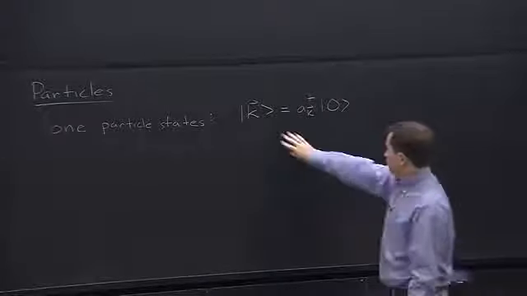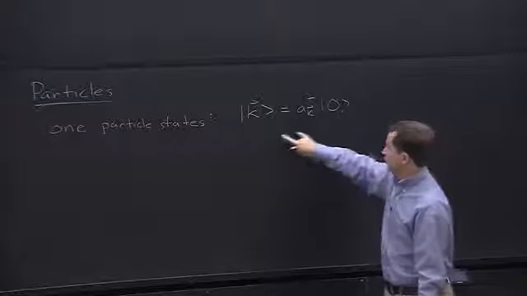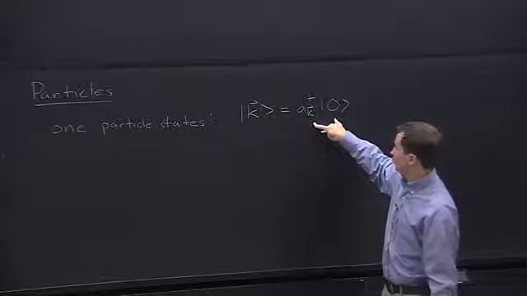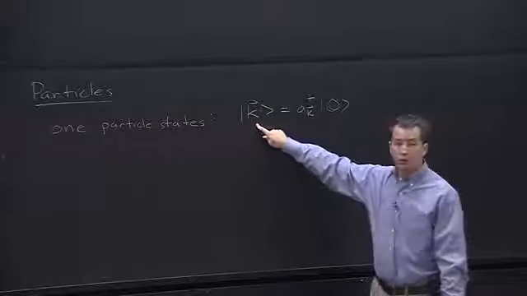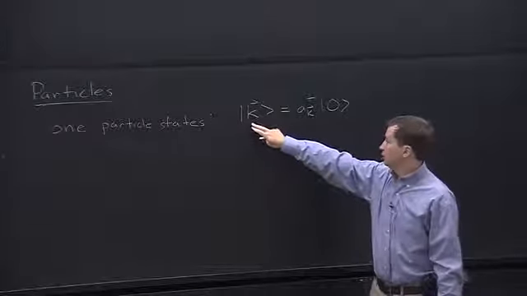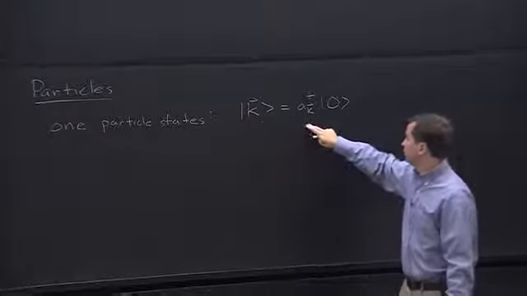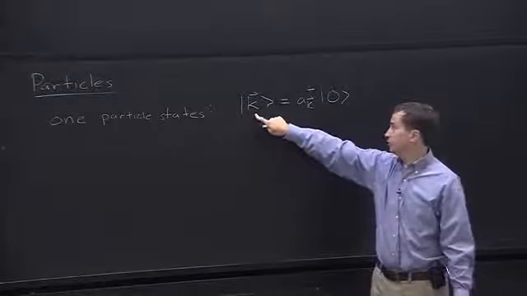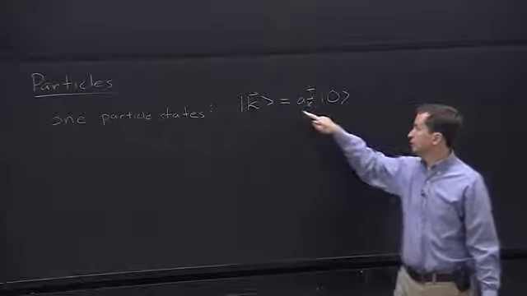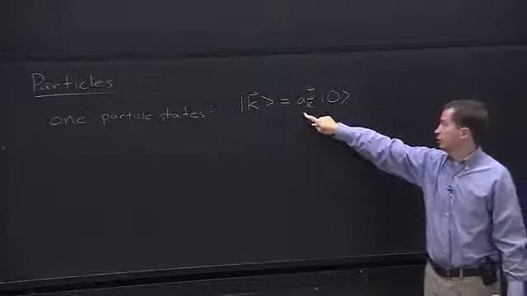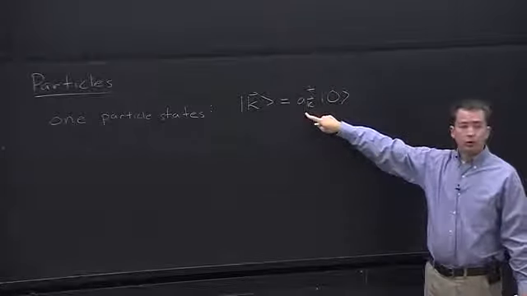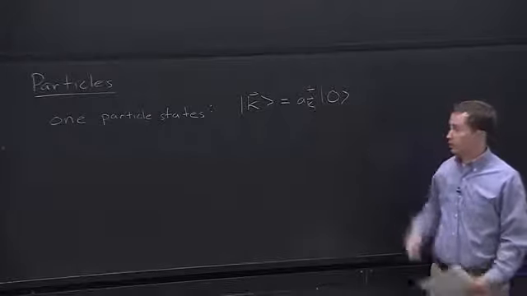I'll introduce a slightly shorthand notation for the one particle states. We denote the one particle state with momentum k using this notation. It means the same thing as acting with the creation operator with momentum k on the vacuum state.